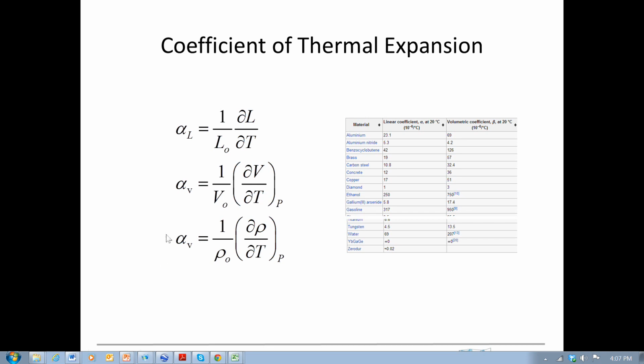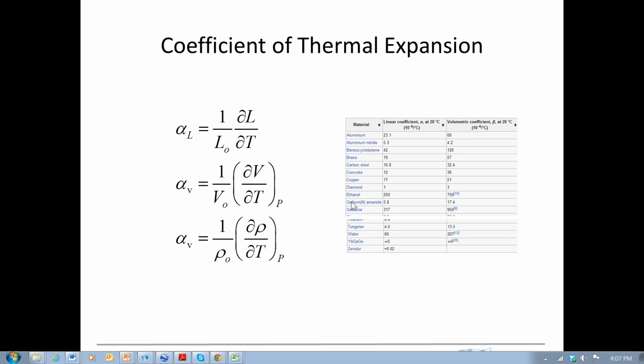So in all cases, this thing has units of 1 over temperature, and you can visualize it as the volumetric change, like a percentage or a fraction of volumetric change or linear change per change in degree C or degree K.